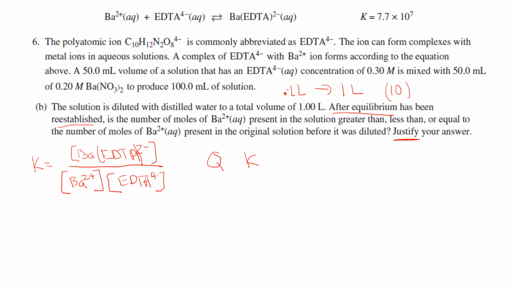When we change our concentrations, since we're going from 0.1 to 1 liter, everything is being diluted down by a factor of 10. So the concentrations are all going to be multiplied by 1/10.